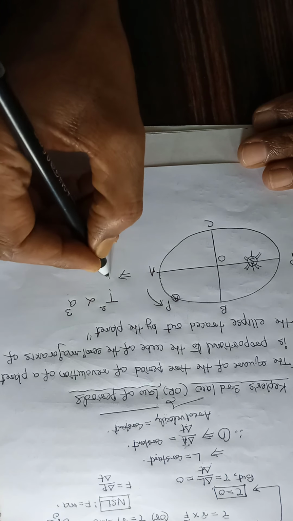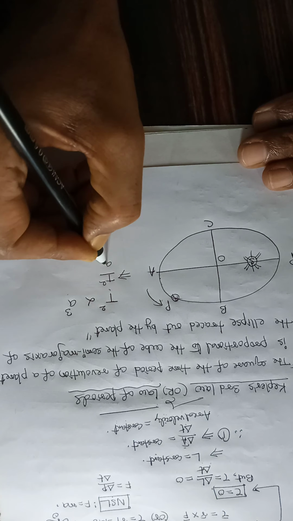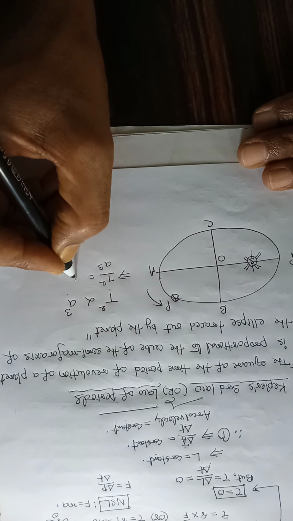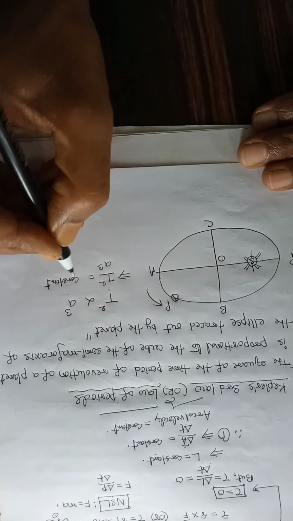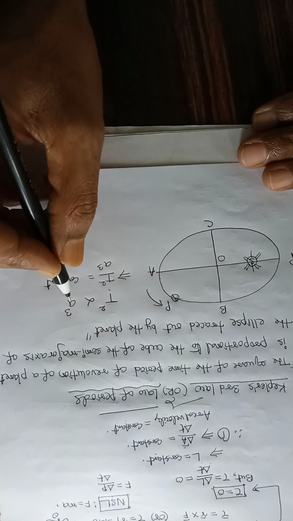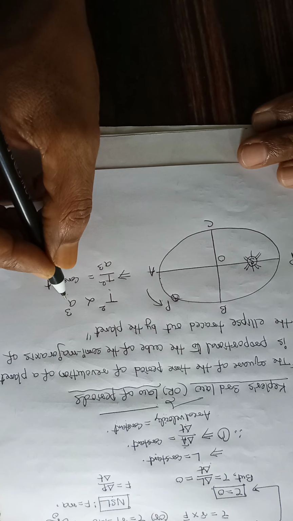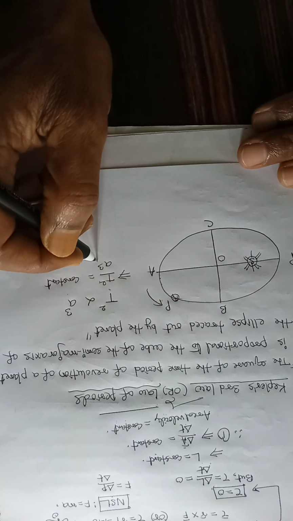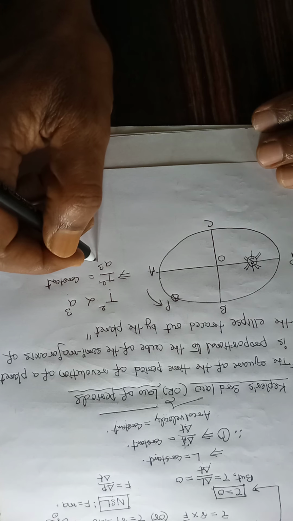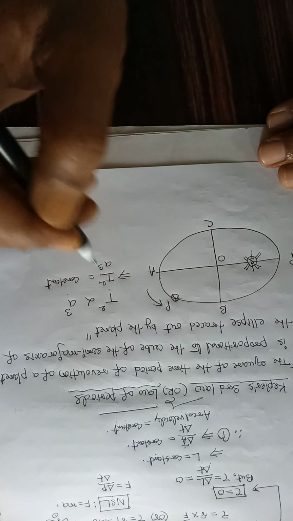This suggests that T square by A cube will be a constant. For any planet, there are 9 planets. For 9 planets, this ratio calculated will give the same value, and the table is given in our textbook.